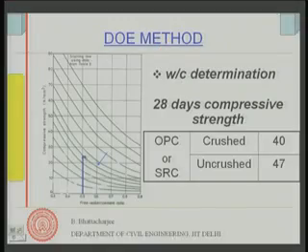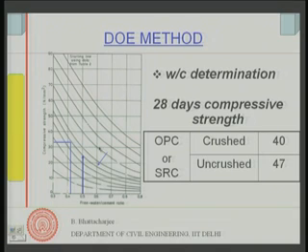So, the starting point could be that I start that way, and if I know the strength, for example, at 0.5 water cement ratio my strength comes out to be 25, then I pick up this curve as my curve.